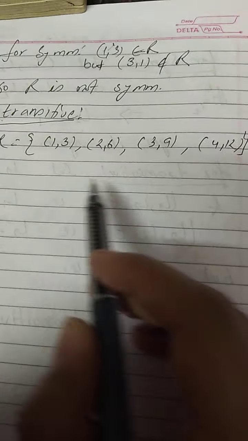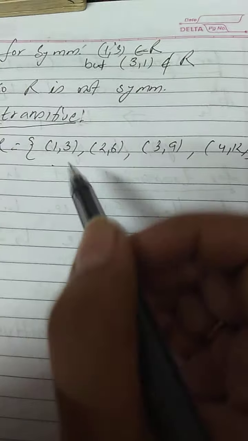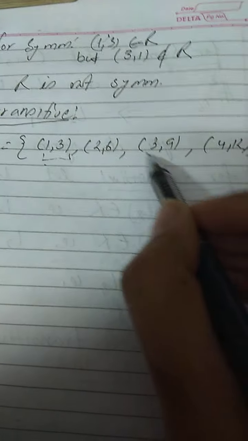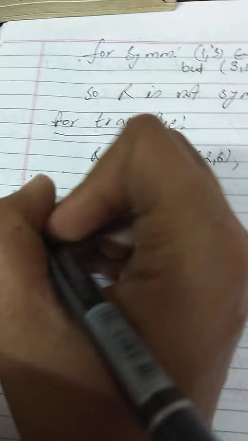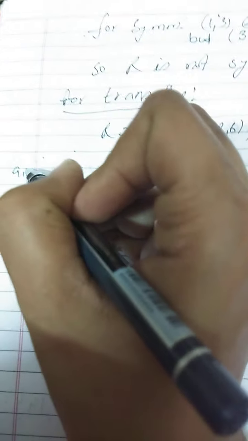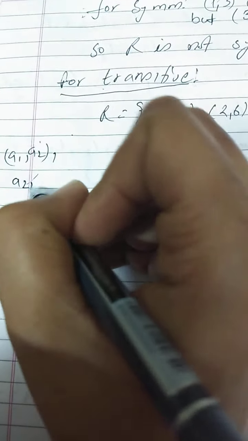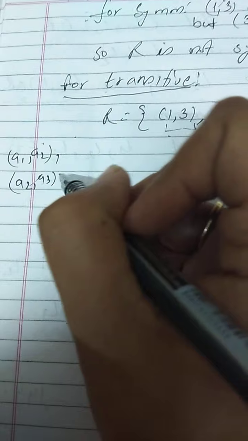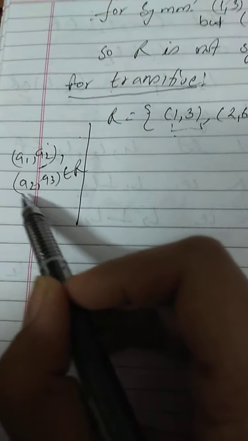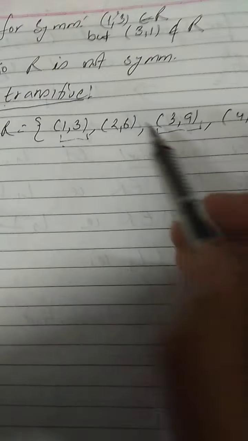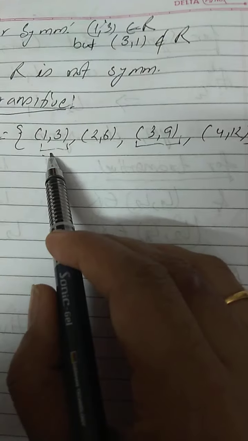Here we have (1, 3) and then (3, 9), because when I take the ordered pairs (a1, a2) and (a2, a3), if you remember the definition, I should have both belonging to R, with the same element a2 in the middle. Now (1, 3) is there and (3, 9) is also present.